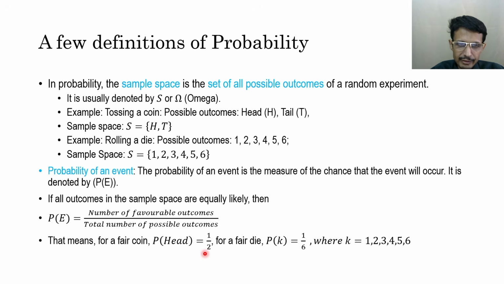For example, for a fair coin, the probability of head is 1 by 2. For a fair die, the probability of k is 1 by 6, where k is any possible face. So this is the probability.